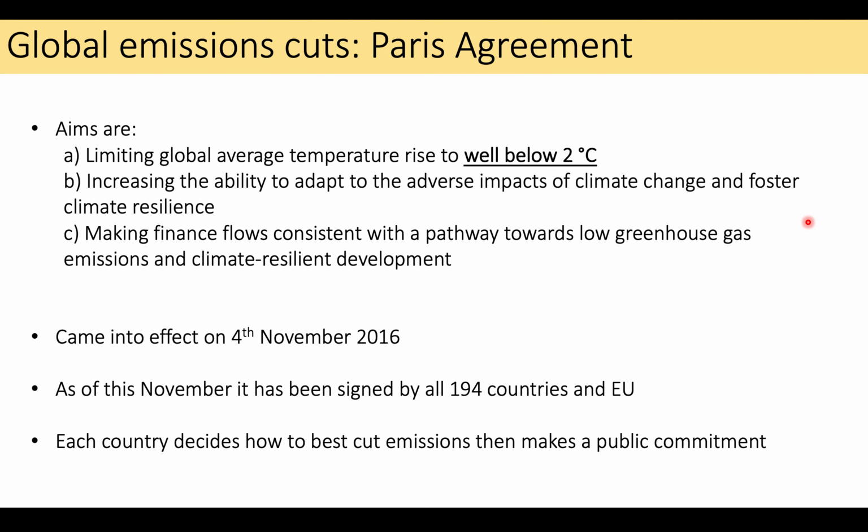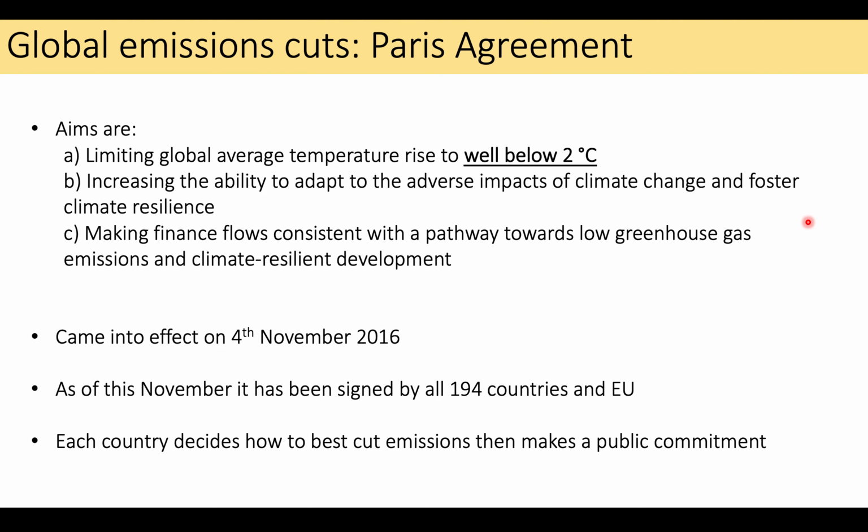So all of these countries are saying we are going to work towards limiting the warming to 2 degrees maximum, trying to increase the ability to adapt to the effects we know are coming from climate change, and also limit the horrible effects that we see from climate change.